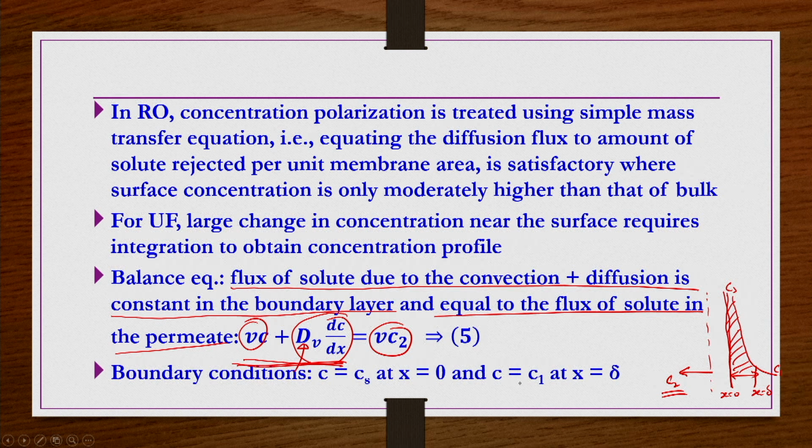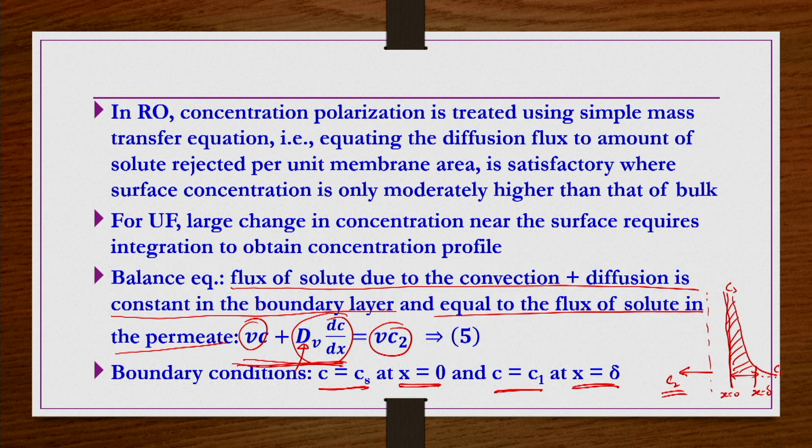And what are the boundary conditions? At x equals 0, that is on the membrane surface, C equals Cs. At x equals delta, the outermost layer of the boundary layer formed because of concentration polarization, the boundary layer is exposed to the bulk fluid, so the concentration should be C1.